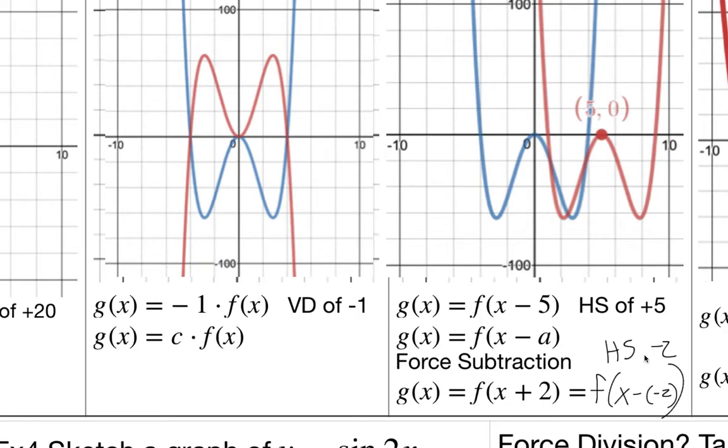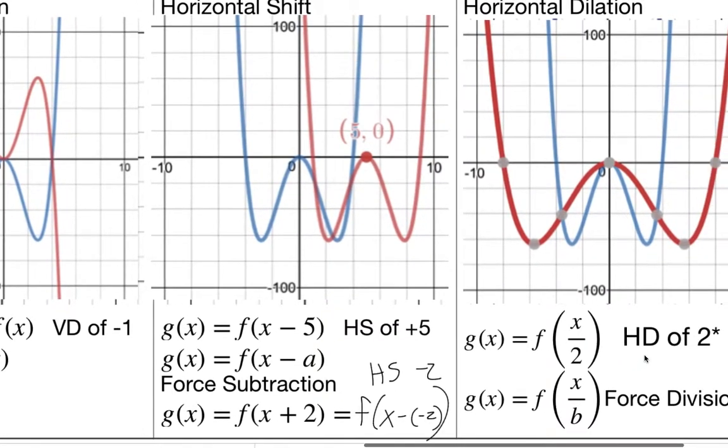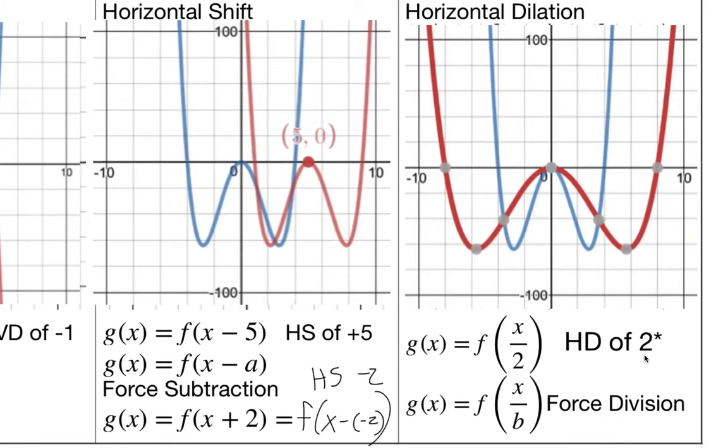It has a particular strength in thinking about it like that because we can also apply it to horizontal dilations, which we haven't touched a whole lot, but we're going to start doing quite a few with trig. We haven't done a whole lot of horizontal dilations because the same effect on the graph can often be achieved with a vertical dilation. But that's not exactly true of this graph. You can see we've got f of x divided by 2.